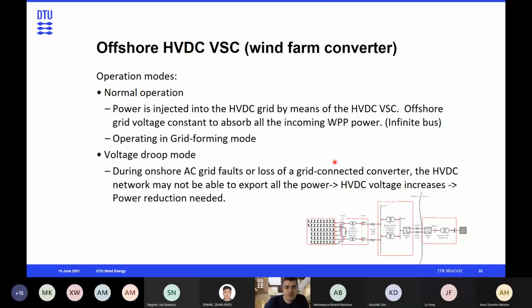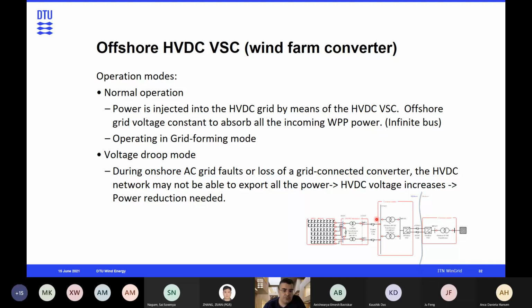And then, of course, if we look a bit at the operational modes, in normal operation, all it has to do is inject the power that is produced by the wind power plant to the grid, and it is doing that by trying to maintain the offshore grid voltage constant. And then it's operating, as I said, in grid forming mode. And it should change mode when we have a fault or an abnormal operation in the system, a fault or a loss of grid, or something has happened.